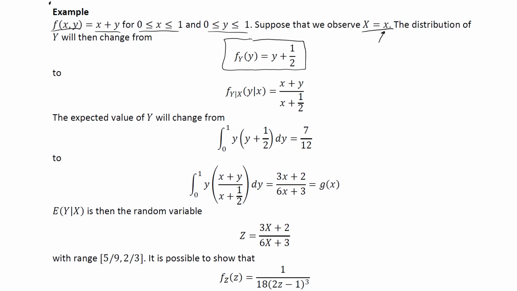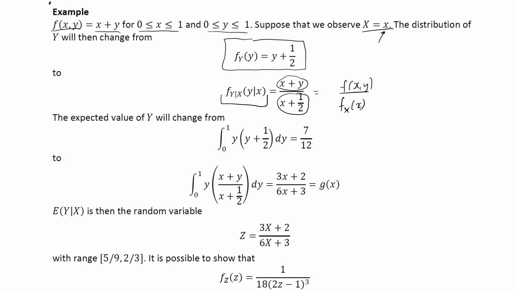If, on the other hand, I know the outcome of the random variable X, then the relevant distribution is the conditional density, which is the joint divided by the marginal of x. This is the joint, this is the marginal of x.